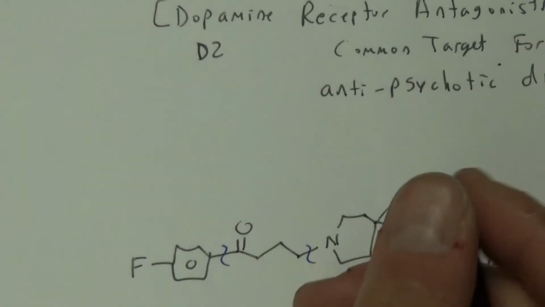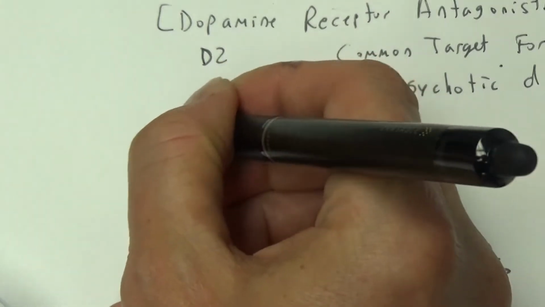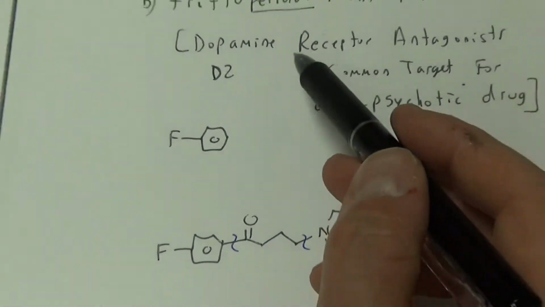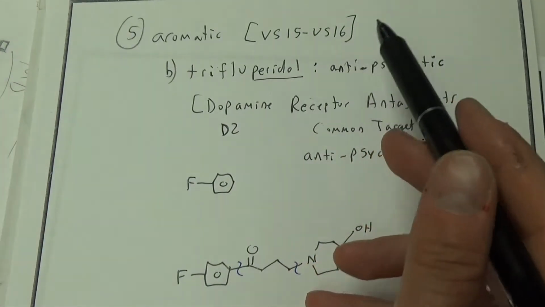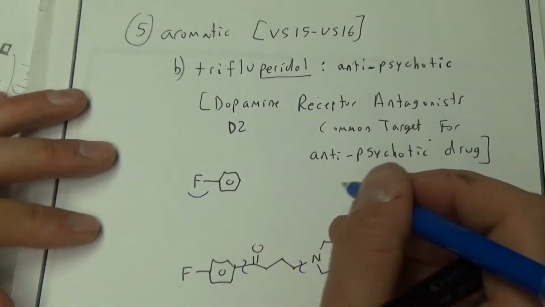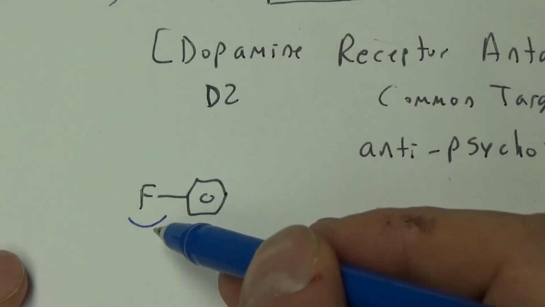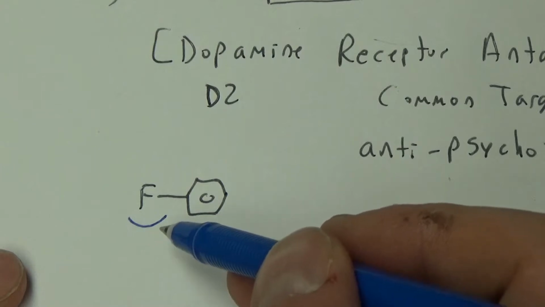So that's pretty cool. So how do they do it? Start with fluorobenzene, and using our Chapter 15, Chapter 16 chemistry. First question: is fluorine an ortho-para director or a meta director? Do you remember?